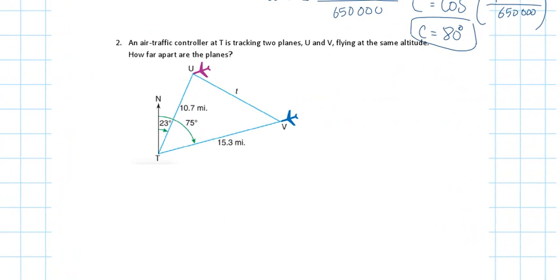That means we're looking for side T. Given that airplane V is 15.3 miles away from T, and airplane U is 10.7 miles away from T, and the measure of their flight is 75 degrees northeast, and the other one is 23 degrees northeast.